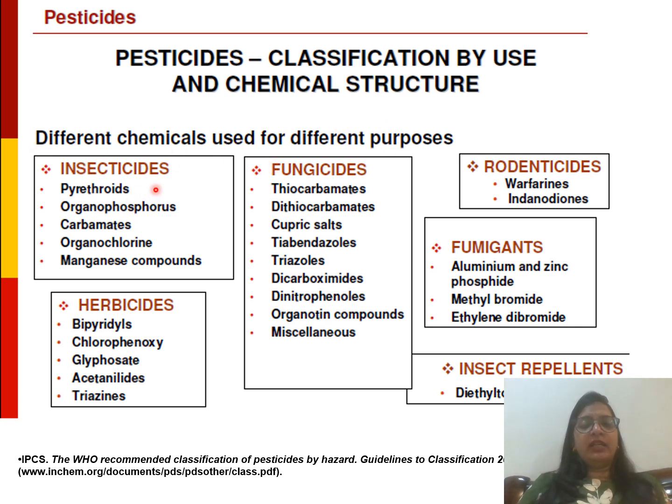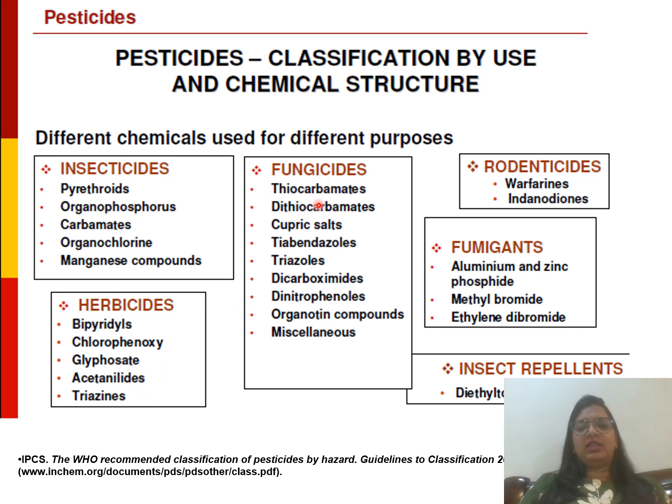When we are defining insecticides, herbicides, fungicides, or rodenticides, they must have some type of chemical compound in them. For example, insecticides may be pyrethroids, organophosphates, carbamates, organochlorines, and herbicides may be bipyridyls.